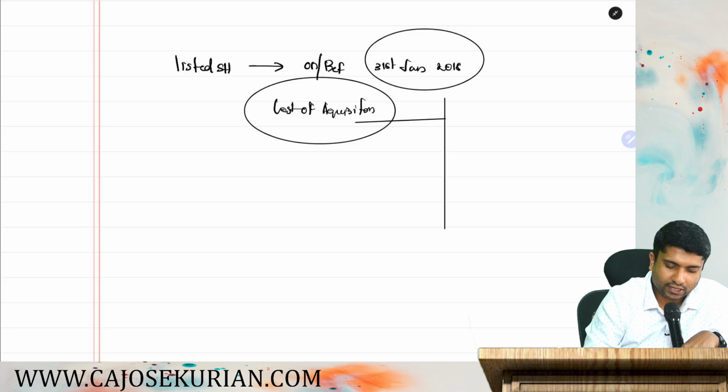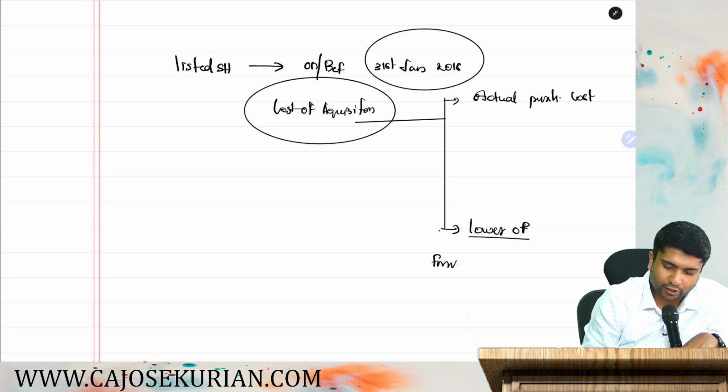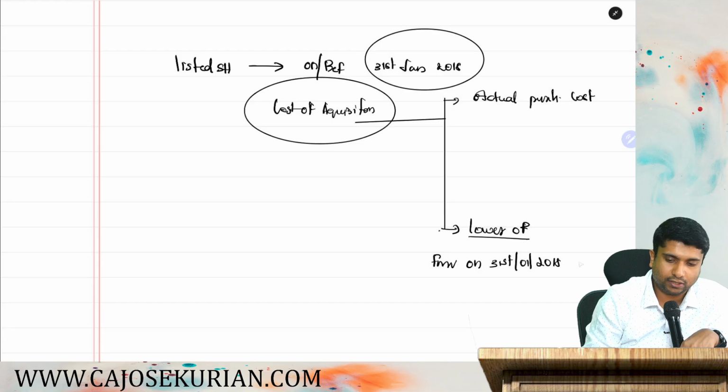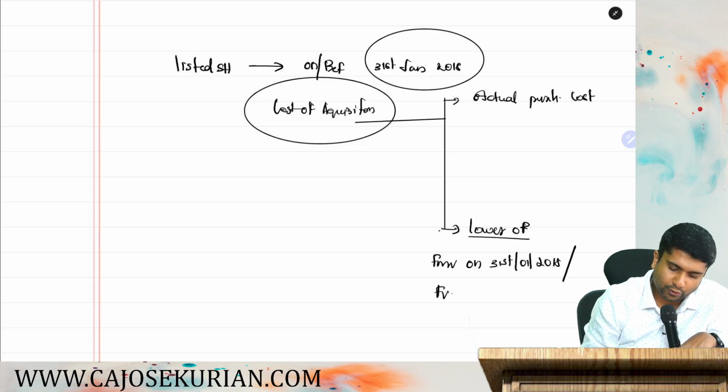Option number 1, you can either take actual purchase cost. Or option number 2, you can take the lower of fair market value of the shares as on 31st January 2018 or full value consideration at the time of sale, whichever is lower.